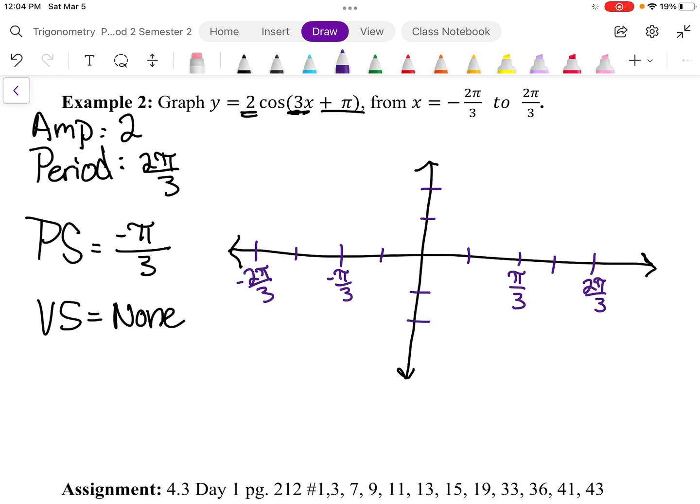And again, when we start by graphing this, we're going to graph our parent function with the new amplitude and the new period. So we're going to start by graphing y equals 2 cosine of 3x.